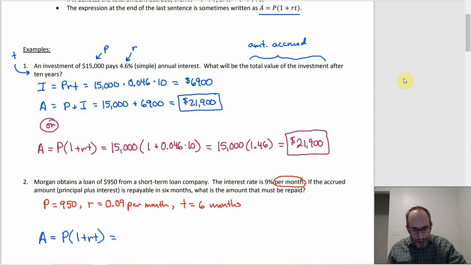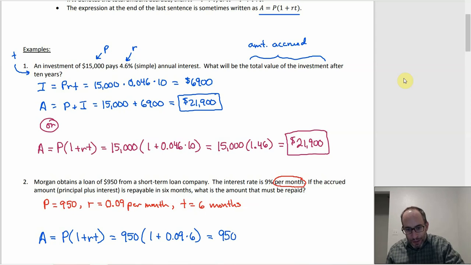So then we'd have 950 times 1 plus 0.09 times 6. 0.09 times 6 is 0.54. So what you end up with inside the parentheses is 1.54. So 950 times 1.54, which is 1463.